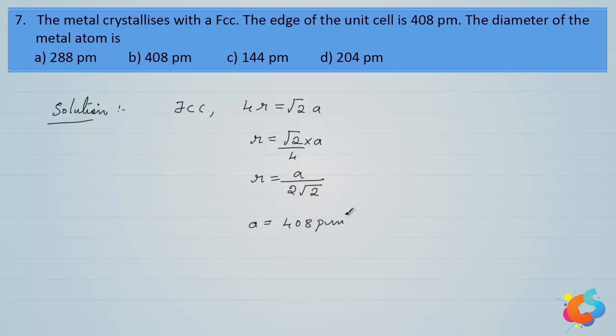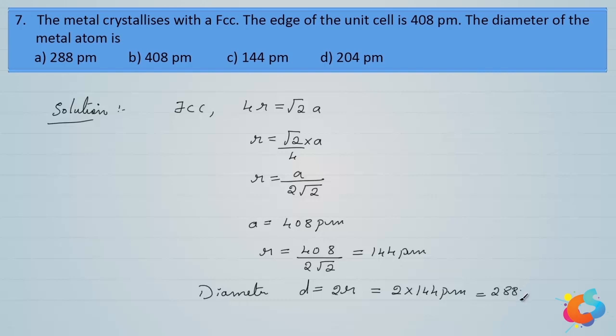By substituting this value, we get R as 408 divided by 2 root 2, which is equal to 144 picometer. In order to calculate the diameter, we have the relation D is equal to 2 into R, which is equal to 2 into 144 picometer, which is equal to 288 picometer. And the right option is option A.